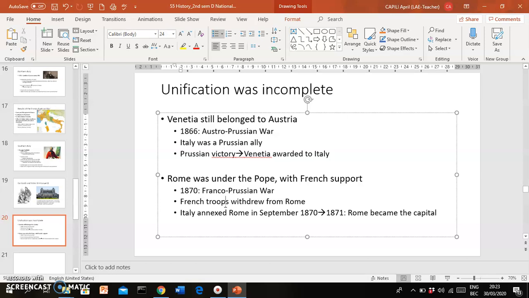So they're able to annex Rome in 1870, and by 1871, it's proclaimed as the capital of this new Italian nation state. Okay, there you go. That's Italy. Up next, Germany.